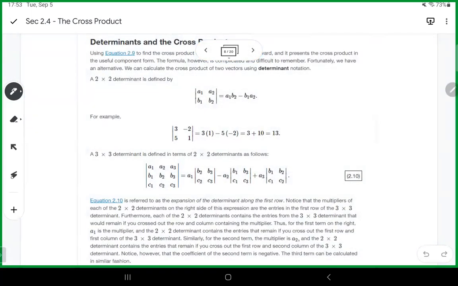Okay. So now we're going to work on determinants and the cross product. You can write this down. I think it's going to be more beneficial when you see an example. I would write this portion down.